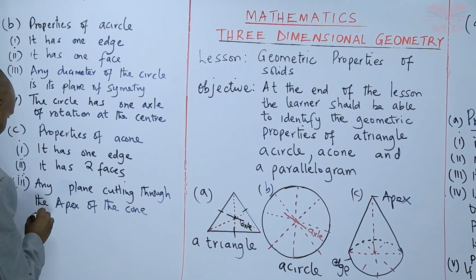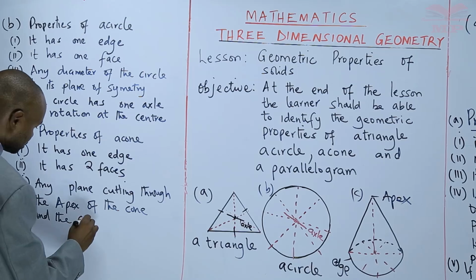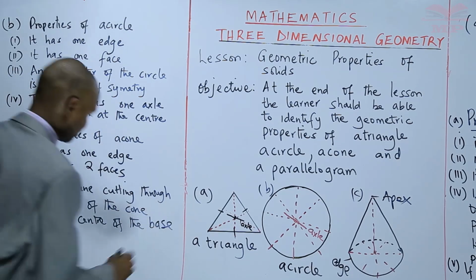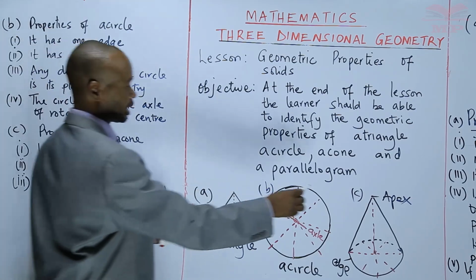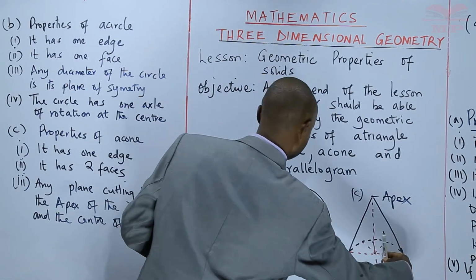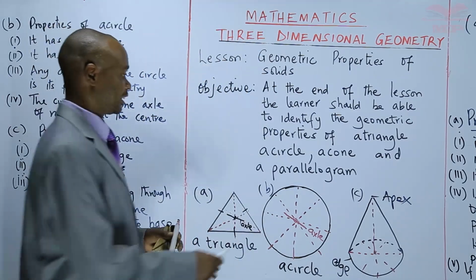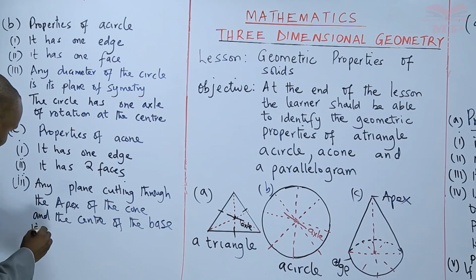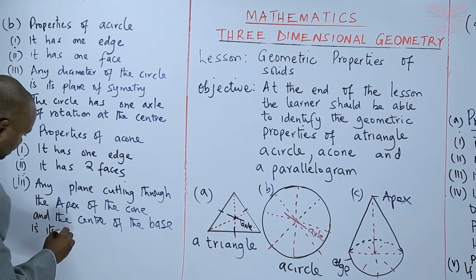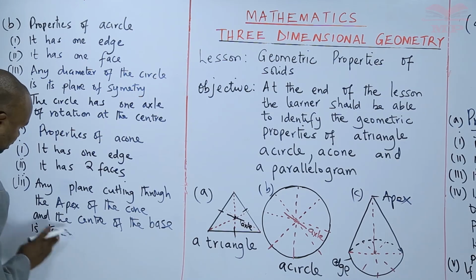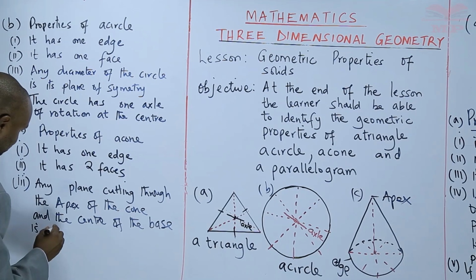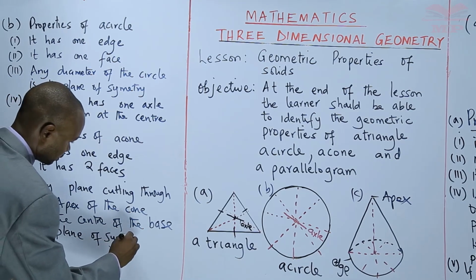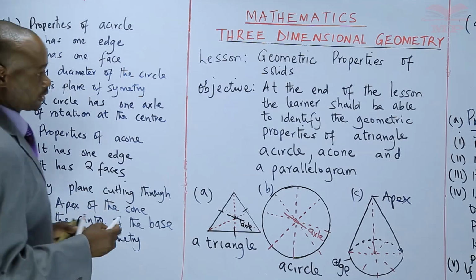and the center of the base. Notice that the base is circular. Any plane cutting through the apex and that center, and you find there can be several, is its plane of symmetry.